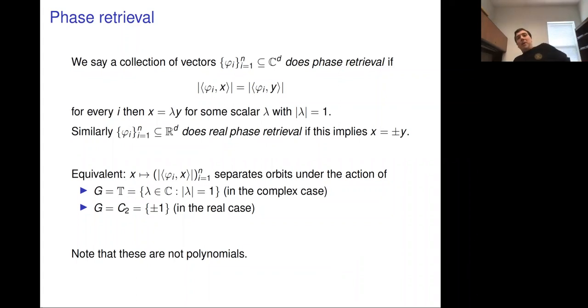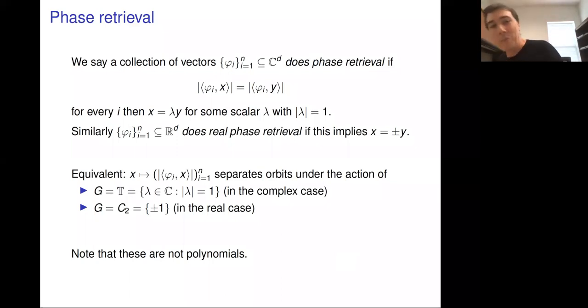Now phase retrieval itself is really about how you recover x up to a global phase factor given measurements of this form. But if you want to be able to do that, you have to understand what the measurements need to satisfy in order for that to even be possible.